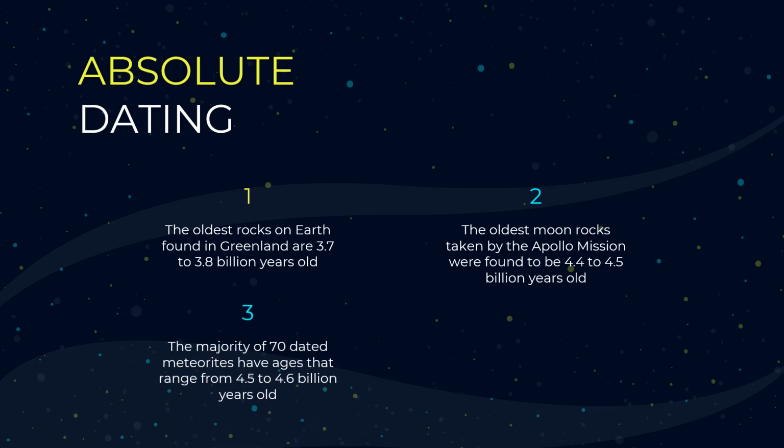Third, the majority of 70 dated meteorites have ages that range from 4.5 to 4.6 billion years old, and the age of Earth using isotopes of lead is 4.5 billion years old. Radiometric dating is also used in determining the ages of fossils, early man and mineral deposits, recurrence rates of volcanic eruptions and earthquakes, reversals of Earth's magnetic field, and age and duration of geologic events and processes.